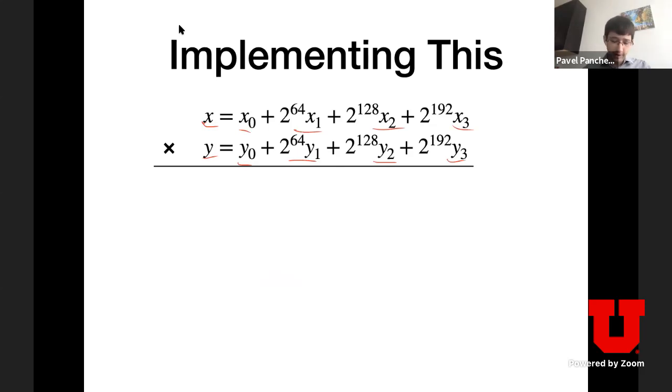Now, to multiply these, we can think of this as the digits of a number in base 2 to the 64. And then we can implement multiplication using the same algorithm that you learned in high school. I don't know if it's the same algorithm kids learn now, but when I was in school, wherever you learn how to multiply. So the multiplication goes like this.